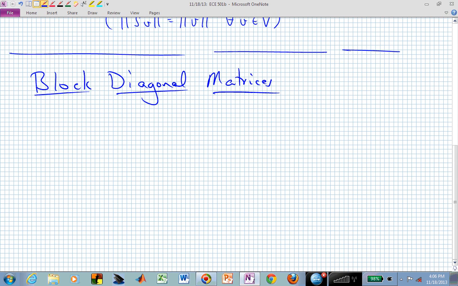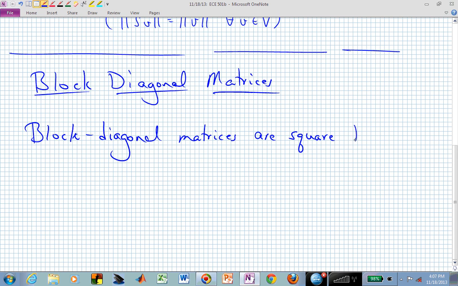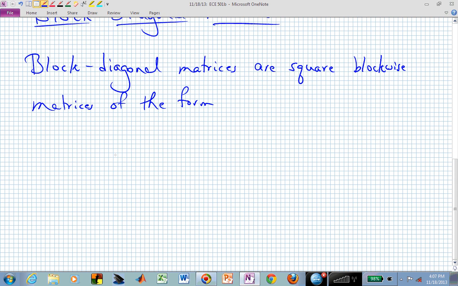We could say that block diagonal matrices are square matrices of the form, and I'll illustrate what the form looks like.